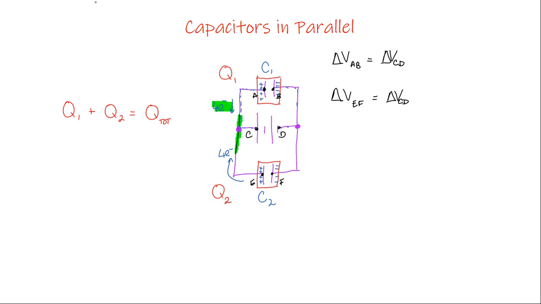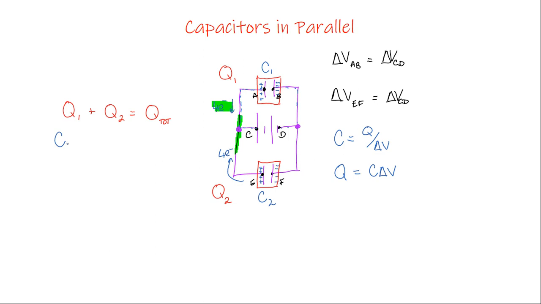Now again, we're going to use our expression that we've come up with before, which is C equals Q over delta V. I'm going to solve for Q, so Q is equal to C delta V. The reason is that I want to substitute in an expression for Q so that I can make capacitance part of this expression.